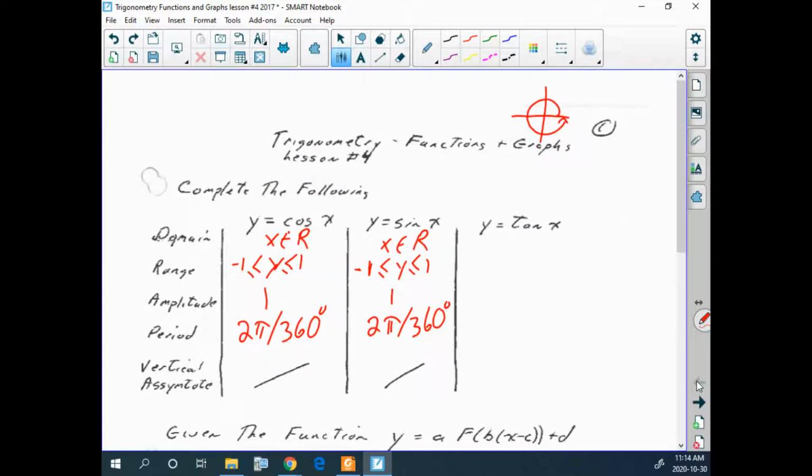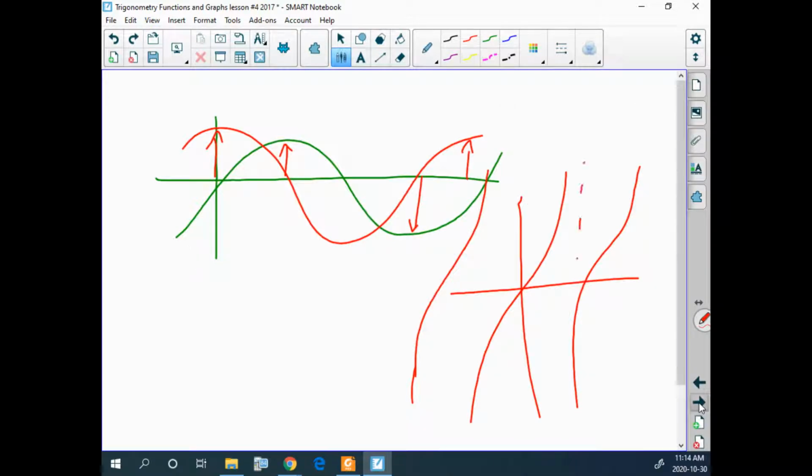Tangent is a little bit different. The domain is all real numbers, except there are vertical asymptotes in certain places.